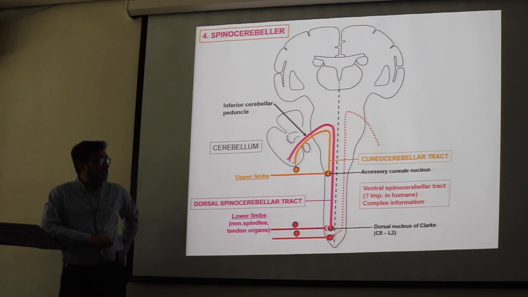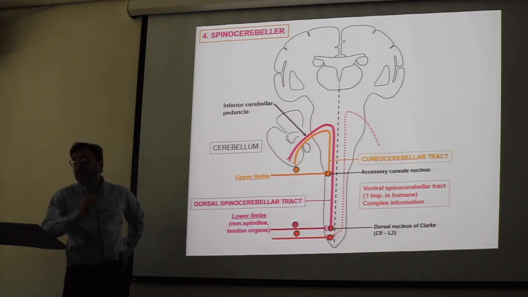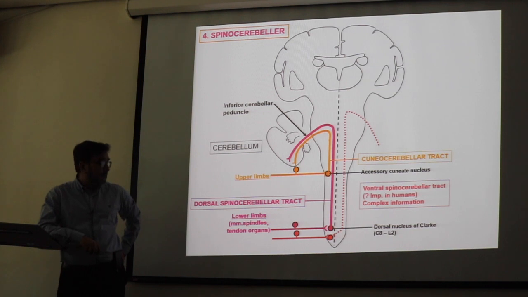This first order is going to synapse in the dorsal gray matter, in the dorsal nucleus of Clark, and then the dorsal spinocerebellar tract is going to ascend on the ipsilateral side all the way to the medulla, and in the medulla it would pass through the inferior cerebellar peduncle to the ipsilateral cerebellar hemisphere.